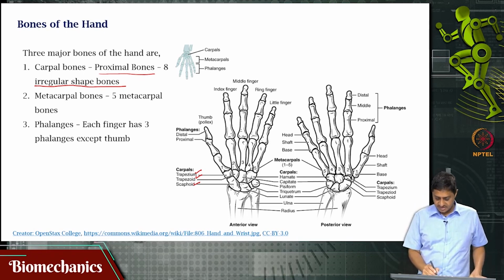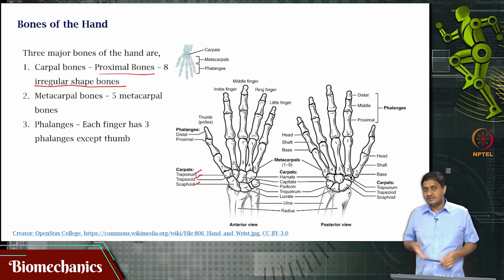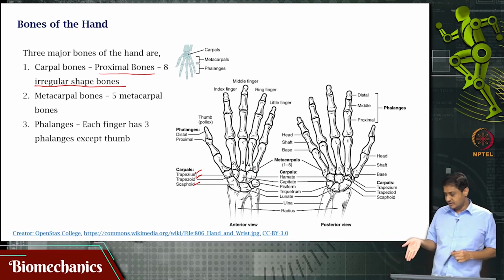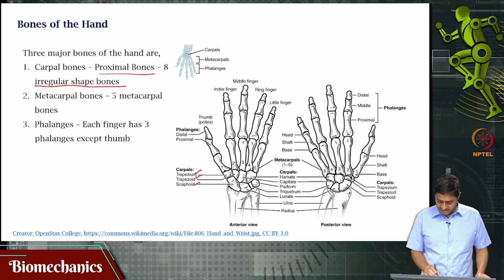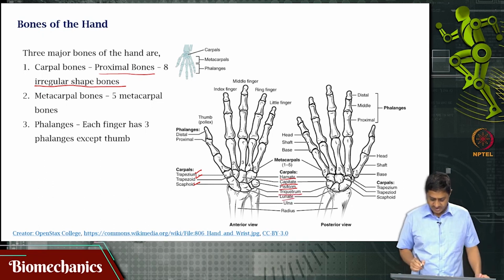Then more medially in the anatomical reference position, you have hamate, well actually capitate, hamate. Then more proximally pisiform, triquetrum, lunate.